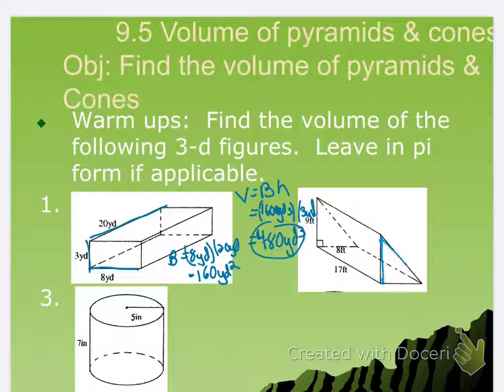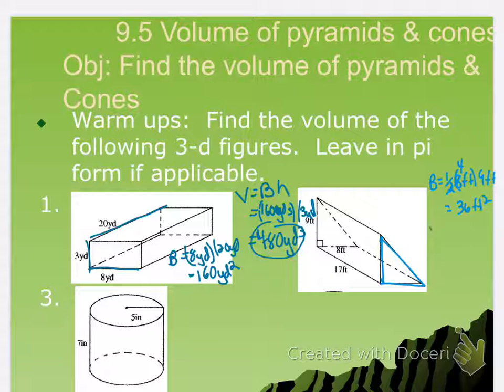Remember, in the next one, this is a prism, and the base is going to be the shape that's not the rectangular side. In a rectangular prism it's the one it's sitting on, but in the other ones, it's whichever one's not a rectangle, and that's a triangle. Well, area of a triangle is 1/2 base times height, so let's make that a capital B. Capital B equals 1/2 times base 8 feet times our height of 9 feet. Half of 8 is 4. 4 times 9 is 36 feet squared.